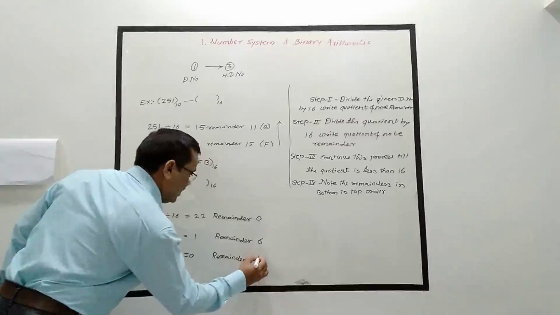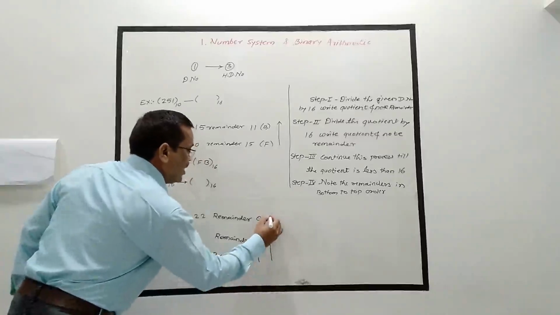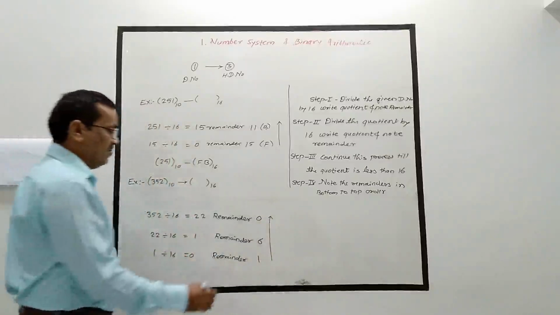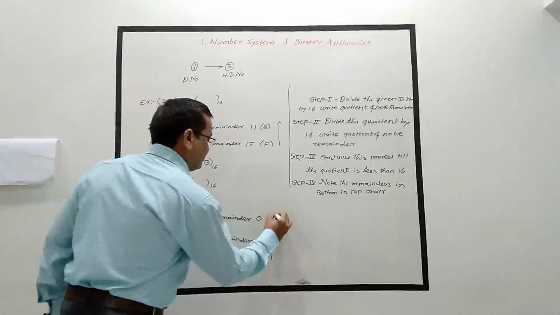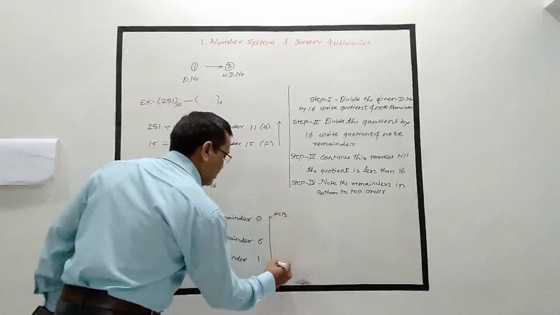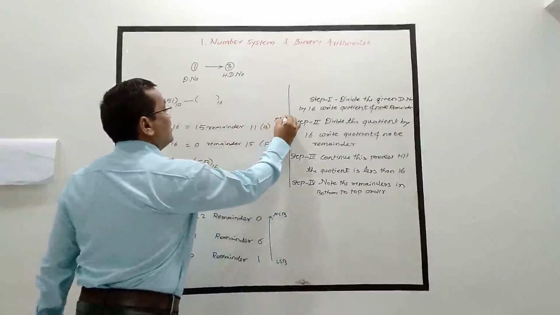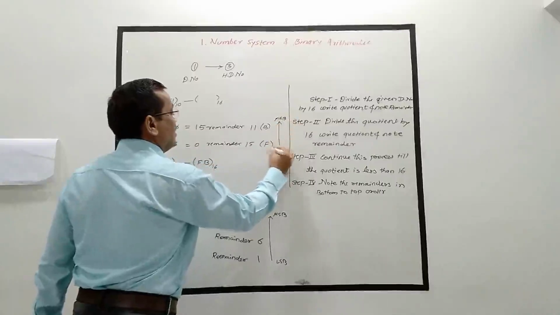Now the order to write this number is from bottom to top. This is the MSB and this is the LSB.